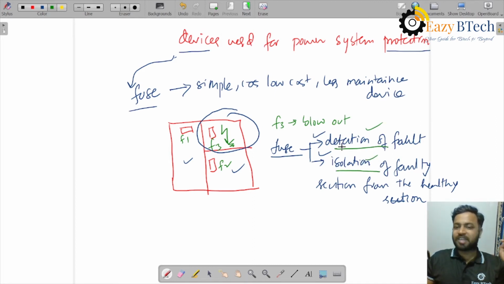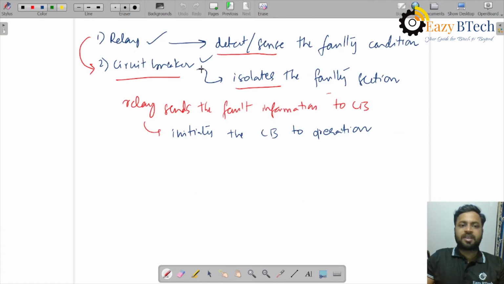It is detecting as well as isolating. So the fuse is a standalone device, in the sense that the fuse alone can do both the detection and isolation. Whereas circuit breaker and relay are not standalone devices. They have to be used mutually. We have to install relay as well as circuit breaker for proper protection of the system.